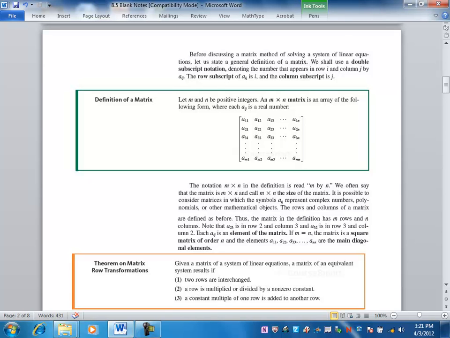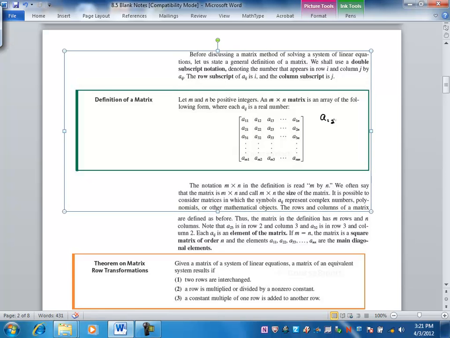The row subscript of a sub ij is i, so row i, and column j.